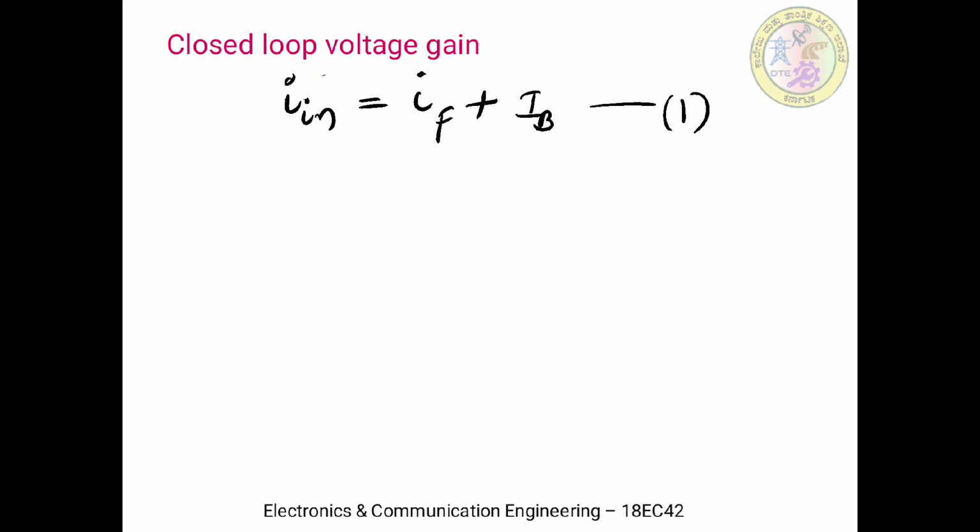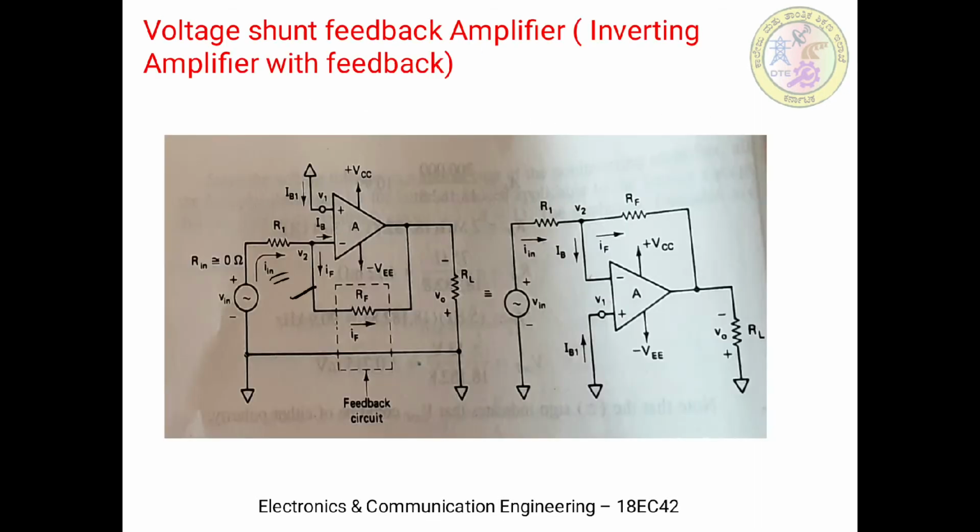Now in this, as given by equation 1, the input current I in is equal to IF plus IB. Here in the circuit diagram you can see I in is equal to IF plus IB, where IB represents the input bias current. This input bias current is the average of the currents that flow into the inverting and non-inverting input terminals of the operational amplifier.